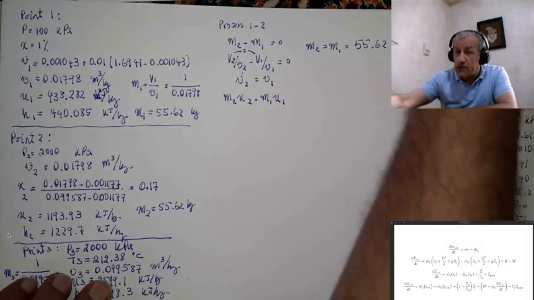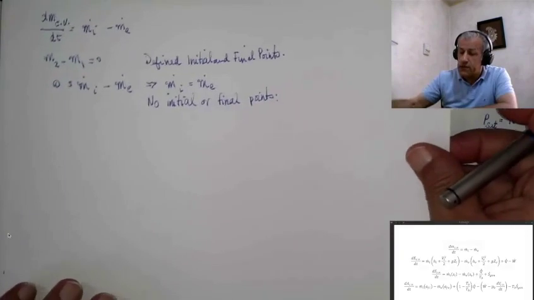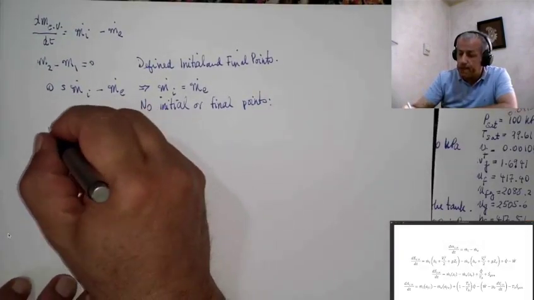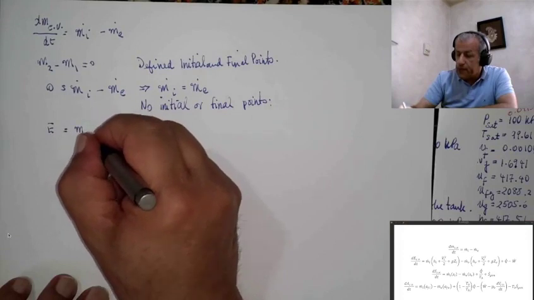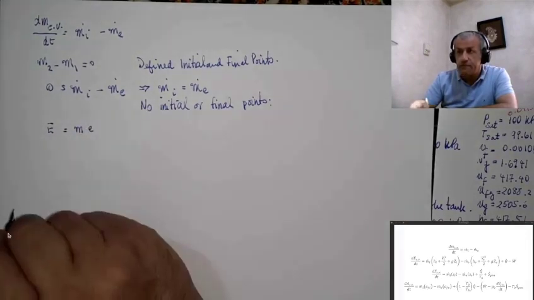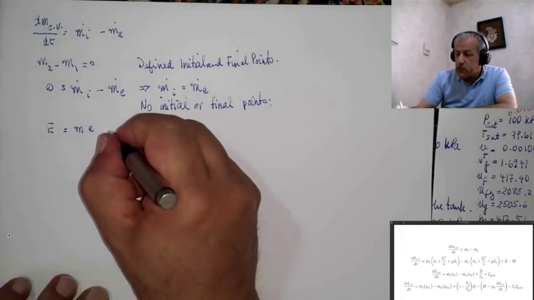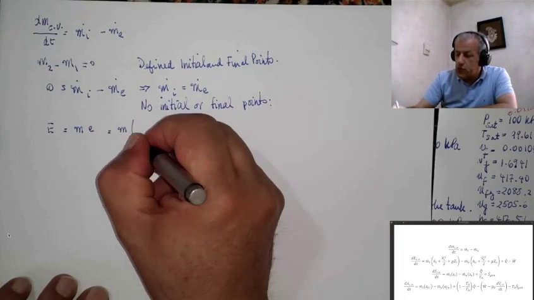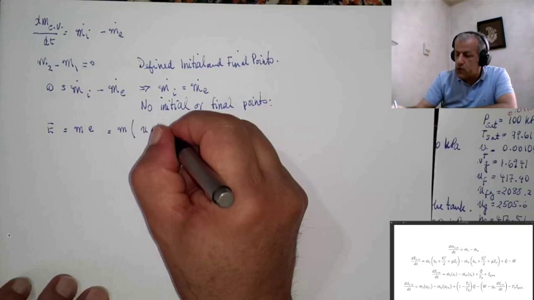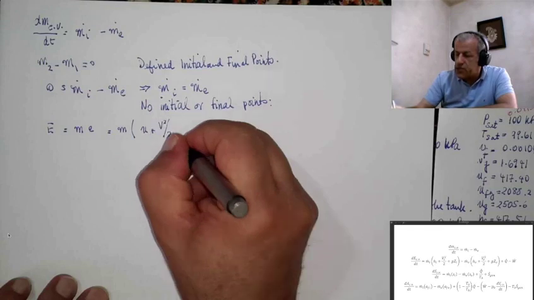You remember what the energy was? The energy E was M times e, and this was M times u plus V squared over 2 plus gz.